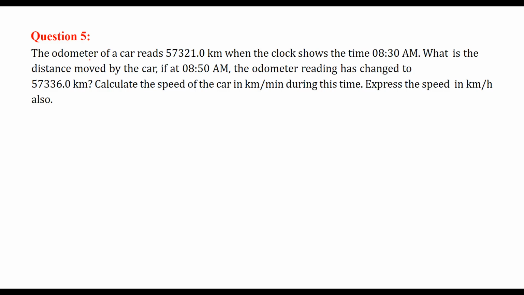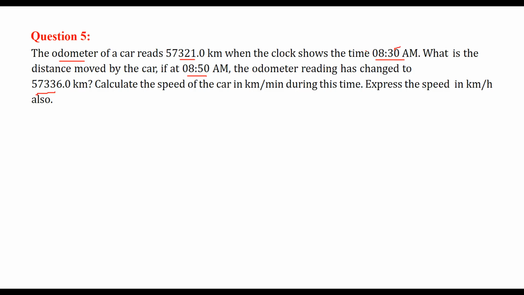An odometer deals with the speed computation. So the odometer of a car reads this much when the clock shows time 8:30 am. What is the distance moved by the car if at 8:50 am the odometer shows this reading?